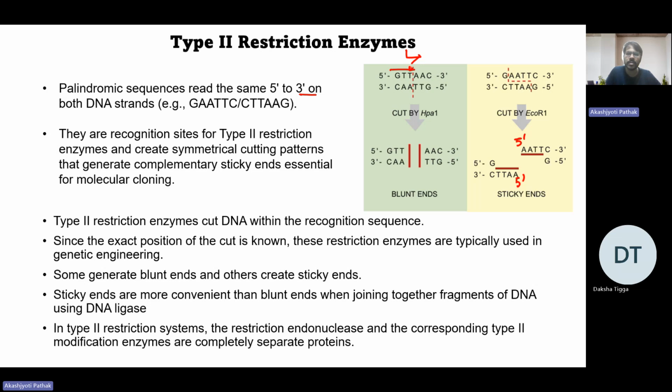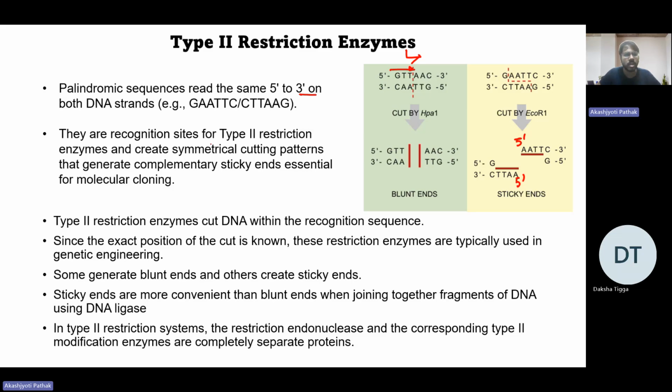So it is cutting the DNA from the center of the DNA molecule, symmetrically. But the other one, EcoRI, is cutting asymmetrically between the G and A bases. That is why HpaI is causing blunt ends, while EcoRI is creating sticky ends.